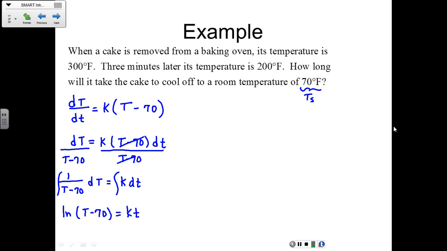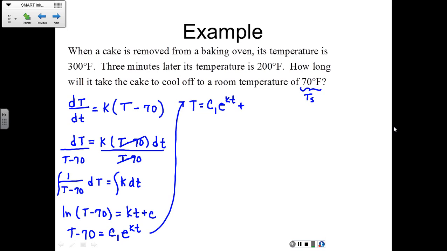So if I e both sides, T minus 70 will equal C1 e to the kt. Another thing I could do is go ahead and add 70 over. So I've got a better looking model.